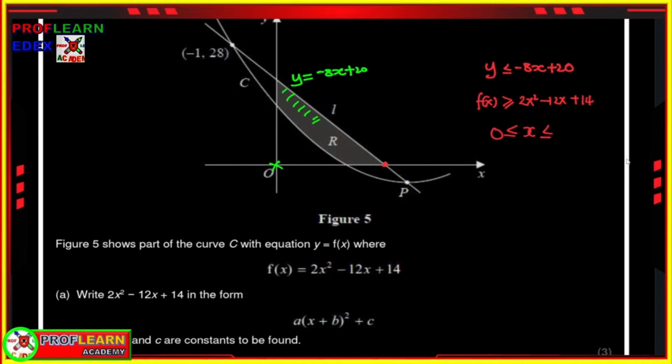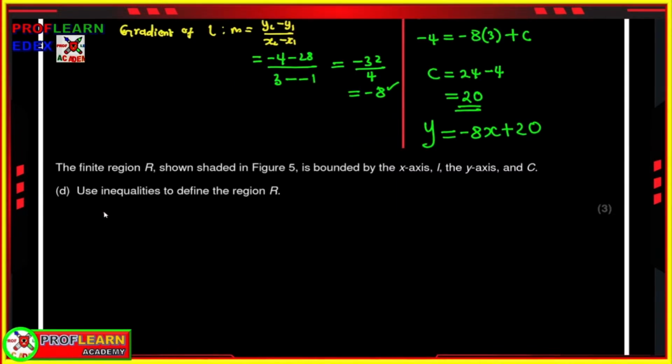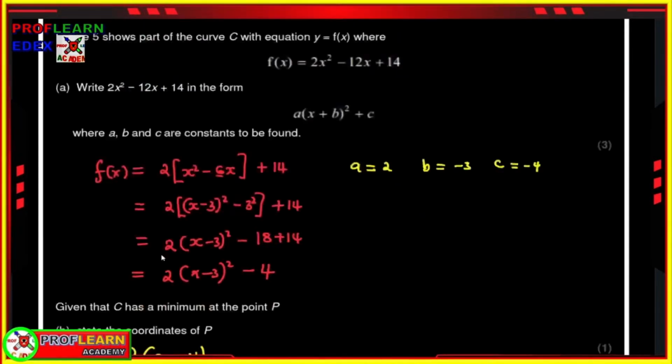And then we have the coordinates where the range of values of x, basically you can see is from 0 all the way to where this line is cutting the x-axis. I also decided to include those coordinates so that we can fully give the inequalities that satisfy the shaded region.